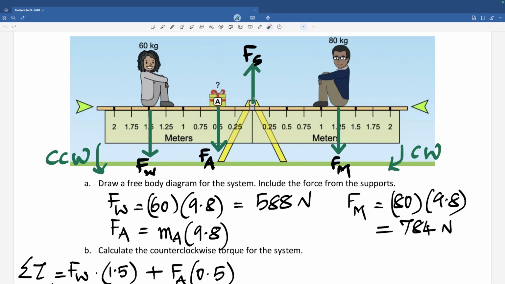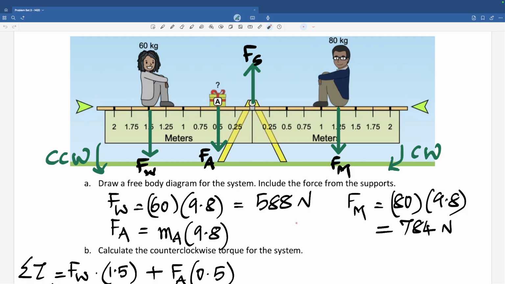In fact, you can get the fourth force, which is F sub S, because that has to be equal to the sum of the other three. So F sub S must be equal to the sum of these three.